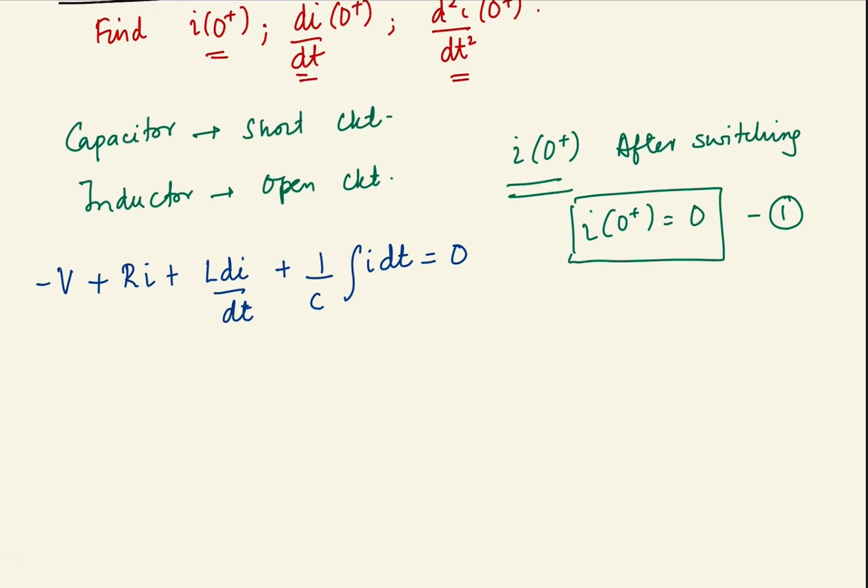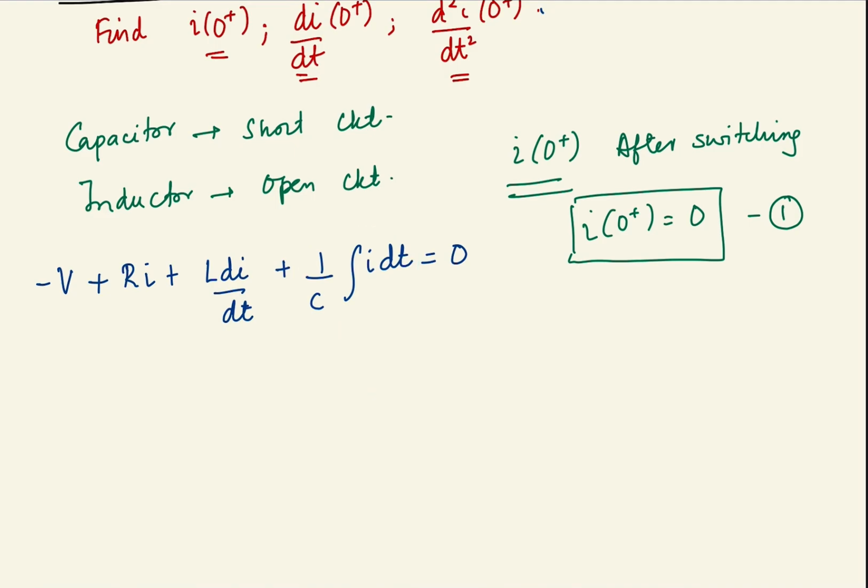And since I know that this term is representative of the voltage initially, and we are told that this Vc0 plus is equal to 0, this term is known to us.